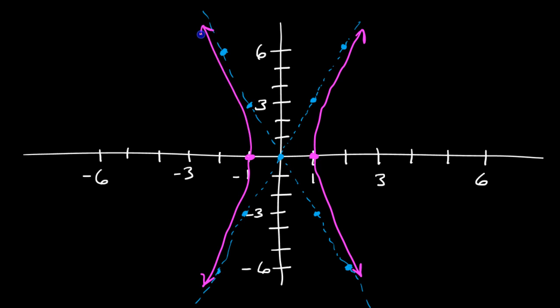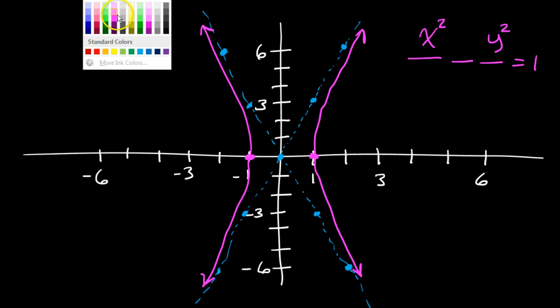I know that's not the best drawing in the world, but this is a horizontal hyperbola. Because it's horizontal, I know I'm going to start with the x term first, and the y term will go second. Also, the center is 0, 0, which tells me I will simply have x squared and y squared, nothing being added or subtracted. So all I need is my a squared and my b squared.